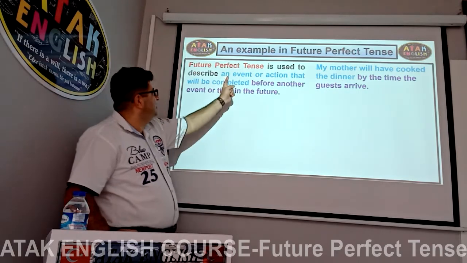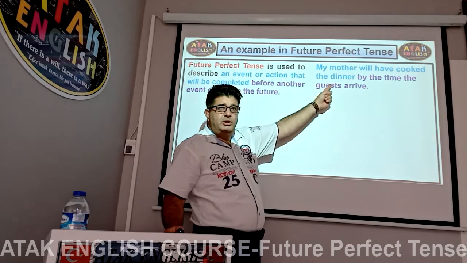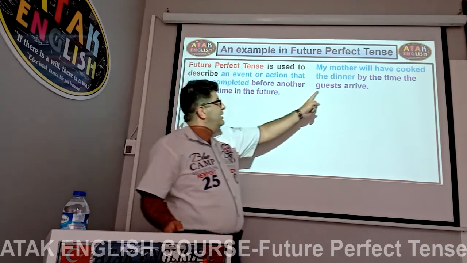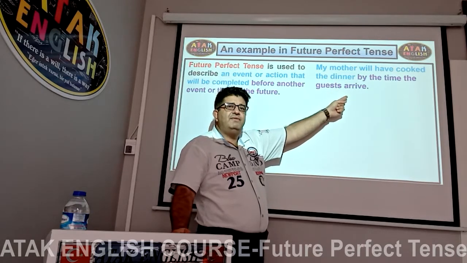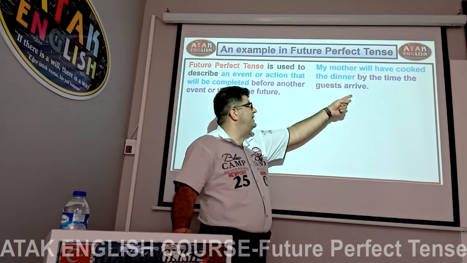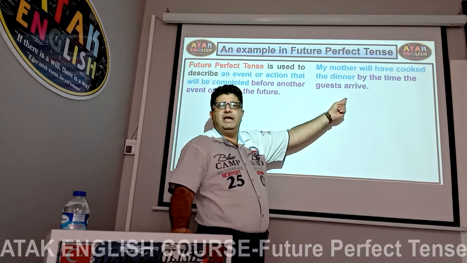Here an action, my mother will have cooked the dinner, is completed before another event or time in the future, by the time the guests arrive, another action in the future, or before another time, let's say by 4 p.m., you can also say.